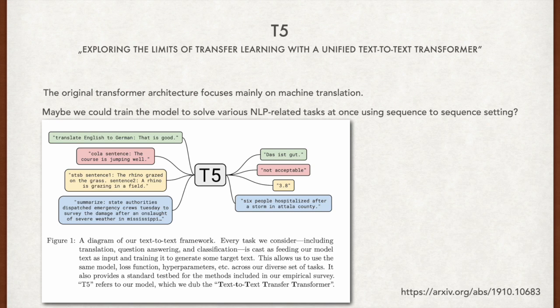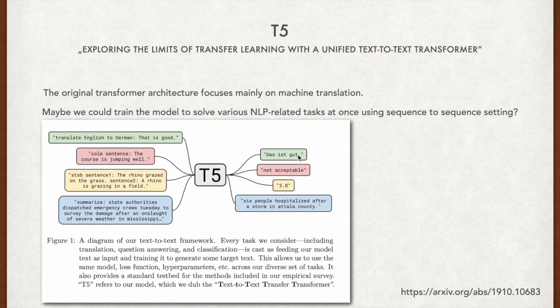In this picture, we can see some sample inputs sent to T5 and the output it produces. If we want to translate from English to German, we simply start our input with an appropriate prefix, like "translate English to German: That is good." And T5 produces the translation, here, "Das ist gut."